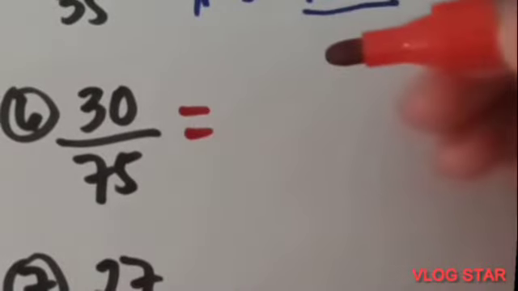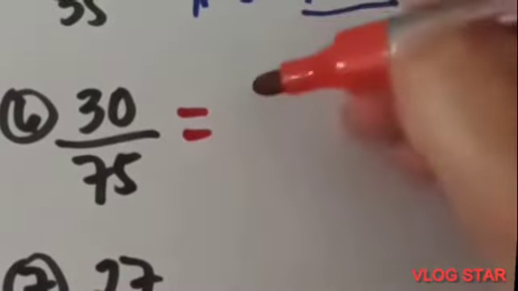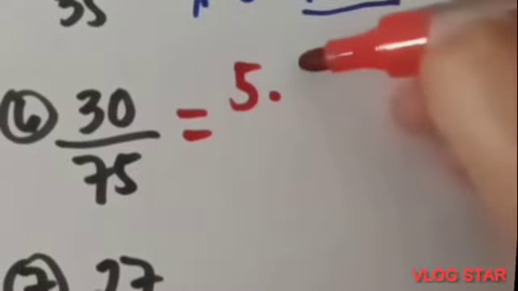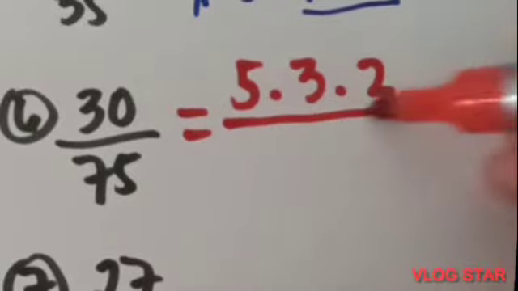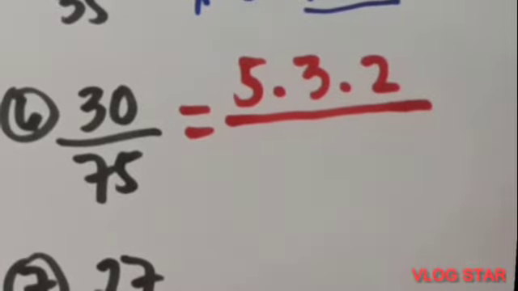Sumunod, example number 6. Sa number 6, 30/75. So, ang factor ng 30 is 15 and 2. Yung 15 ay pwede pa nating i-factor. So, 5 and 3. So, 5, 3, 2. Yung 75 ay 25 and 3.